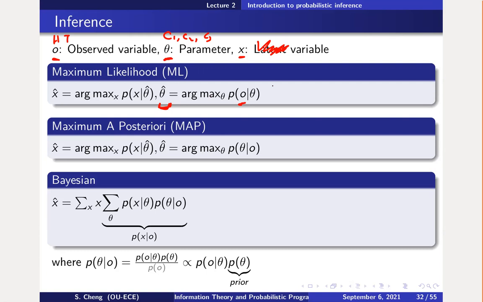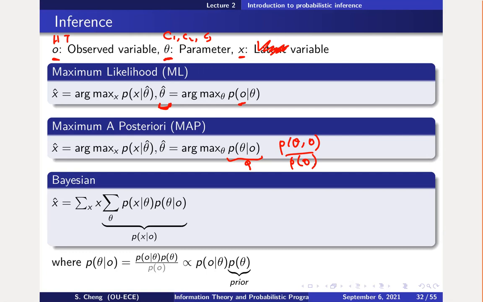For the MAP case here, if I have a uniform prior, by the way, what is this? P(theta | O) is, using Bayes rule, P(theta, O) over P(O), right?